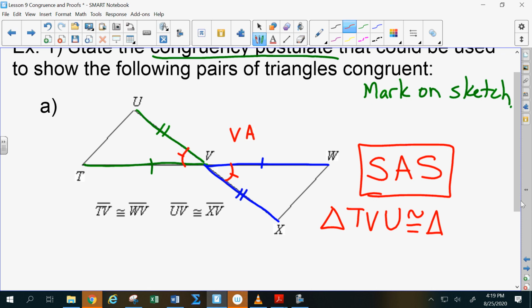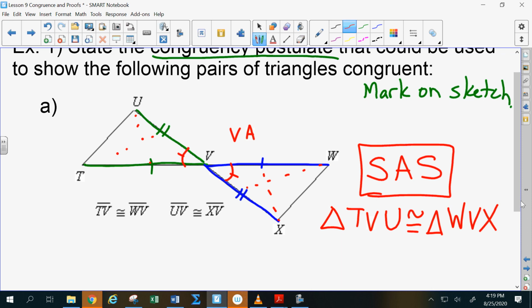But now I need to put down whichever angle corresponds to T. T was across from the double tick marks, and across from the double tick marks here is W. V was the vertical angle, and so that's still going to be the vertical angle there. And let's just make sure U is across from one tick mark. X is also across from one tick mark, so those are also corresponding angles.